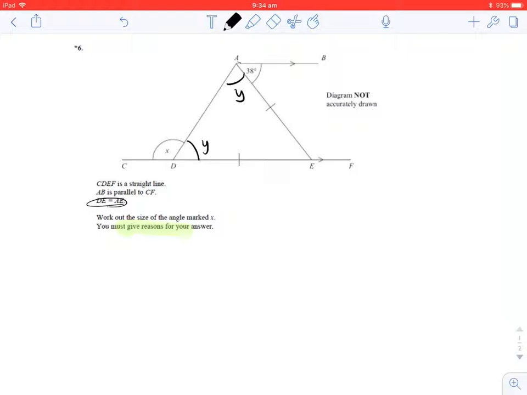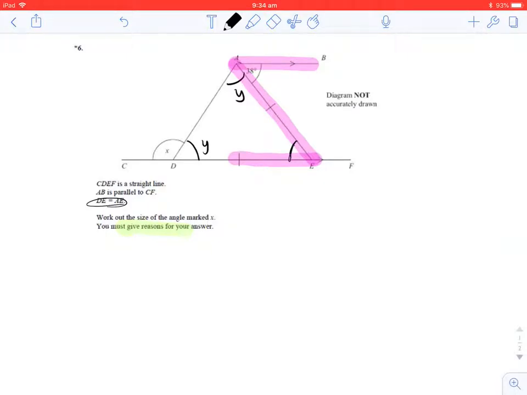So what I'm going to be using to begin with is the fact that we've got parallel lines here. So I'm looking for F's, C's or Z's and seeing if I can see anything involved there. What I can see is that I've got a Z here, which is going to enable me to work out this angle.